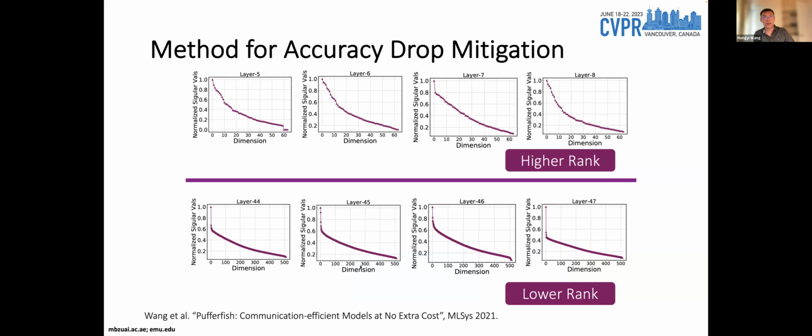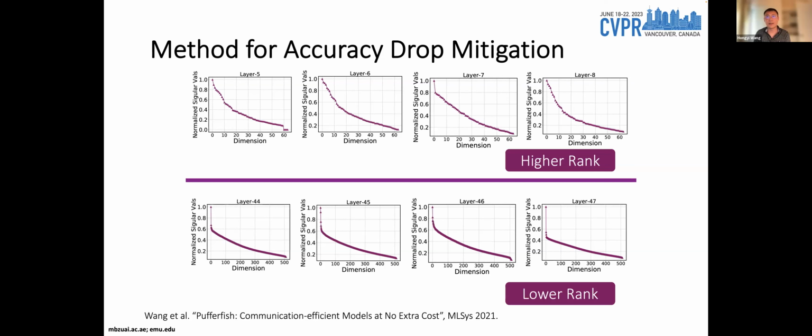Basically, we can look into the network weights, looking at how fast the singular values decay among different dimensions of the model. Then we can observe that some of the layers tend to have a higher rank, such that approximating them using low-rank factorization just leads to an accuracy drop.